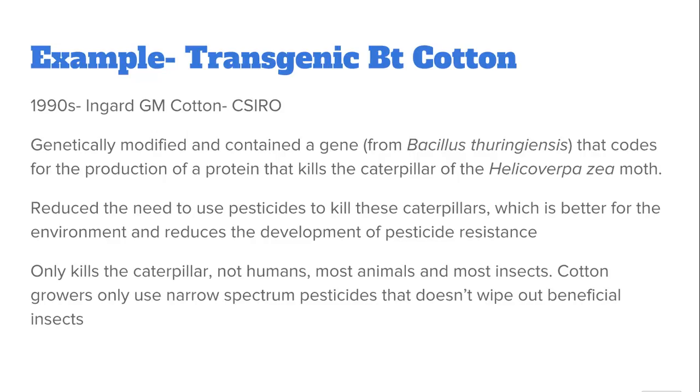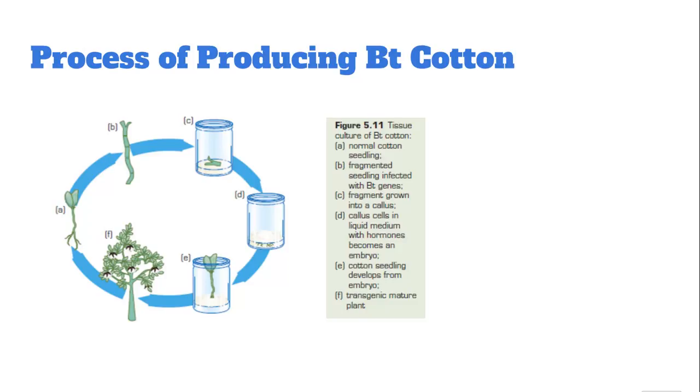The protein which was produced only kills the caterpillar when it's ingested, not humans, and not most animals and most insects, which makes it safe for the majority of the population. And it allowed cotton growers to change the pesticides that they were using. So now they only had to use narrow spectrum pesticides, which don't wipe out beneficial insects for the environment.